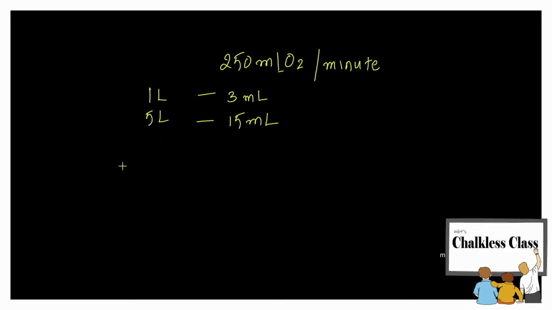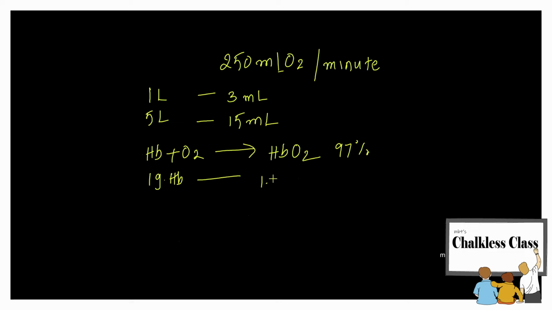So, to meet this demand, oxygen is transported in the form of oxyhemoglobin. Oxygen binds with the hemoglobin and forms oxyhemoglobin. In this form, 97% of oxygen is transported. 1 gram of hemoglobin carries 1.34 ml of oxygen when it is 100% saturated. 100 ml of blood on average contains 15 grams of hemoglobin.